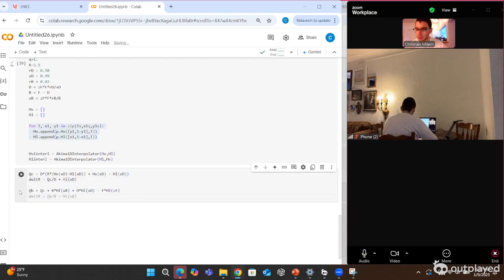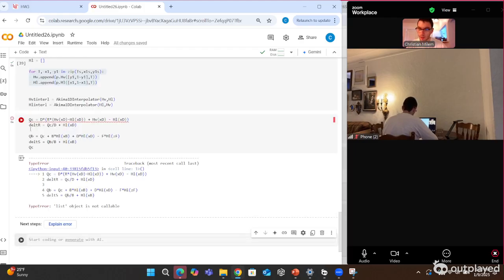And then delta S is going to be, it should be right. Let's see what QC turns out to be. What's wrong? List is not a callable object. I don't know what that means.